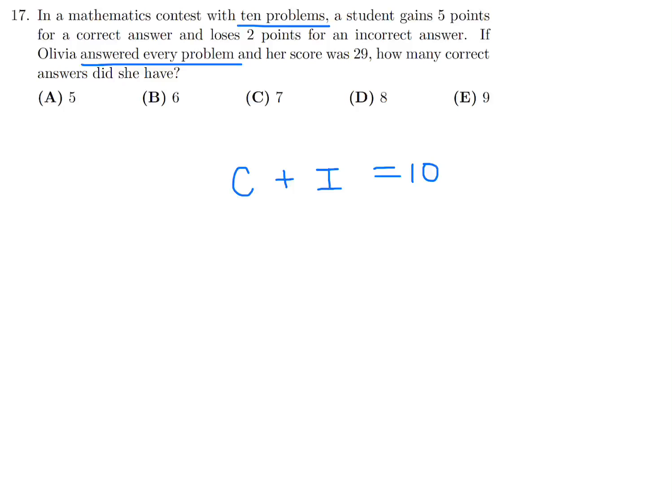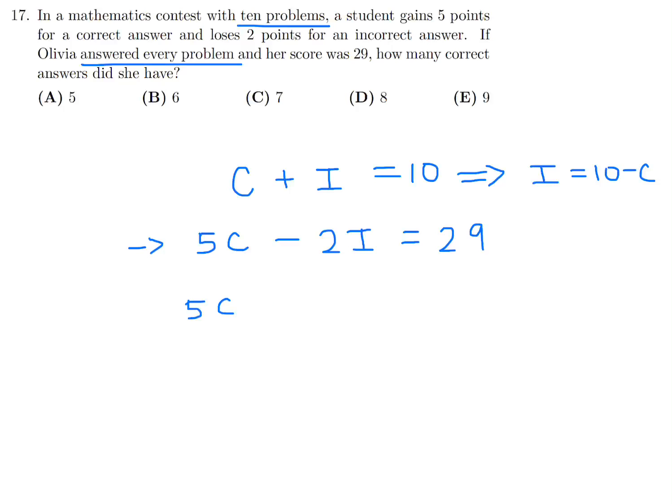And then if you look at the point system, for every correct you get 5 points, and for every incorrect you lose 2. So that is the point system equation, and that for her is 29. So those are our two equations. We can first isolate for one of these. I'll isolate for I, so that'll be 10 minus C, and then substitute that into equation number 2.